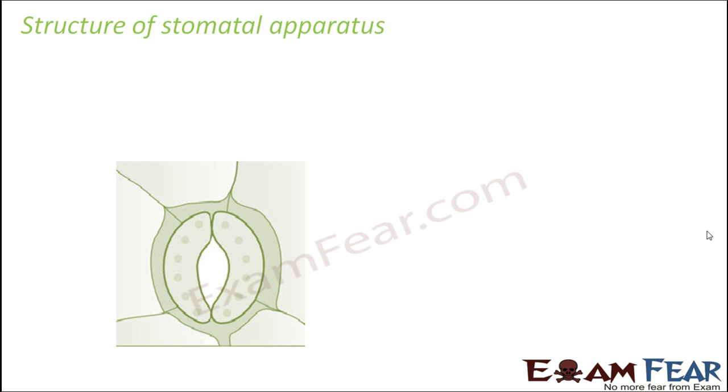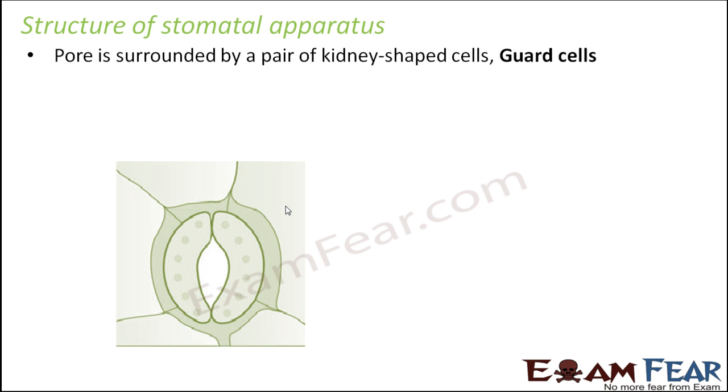Now it is not that the stomata remain open all the time. In fact, if you look at the structure of a stoma, it is surrounded by a pair of kidney-shaped cells called guard cells. Here you can see this and this. These are two guard cells, and they always exist in pairs.